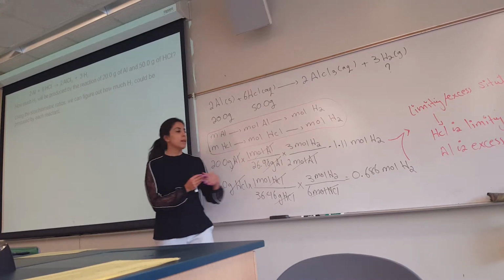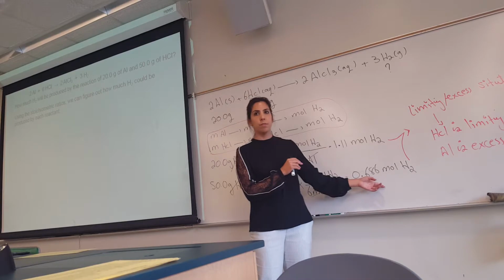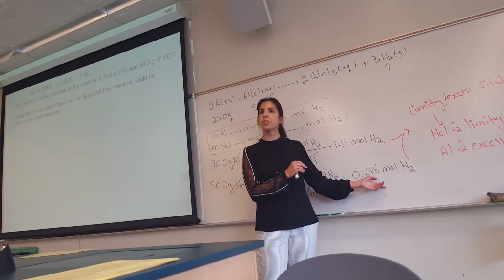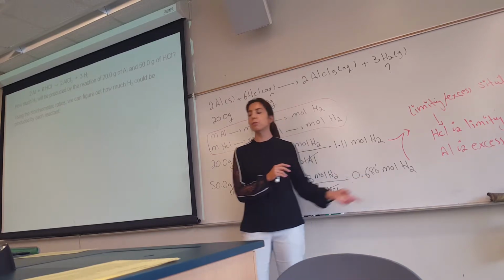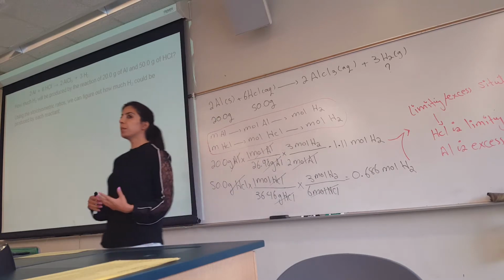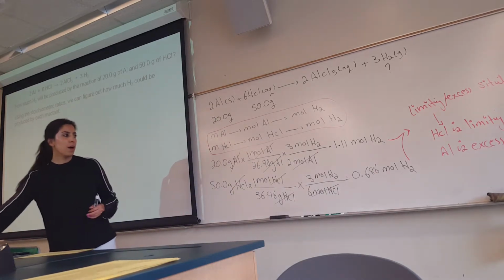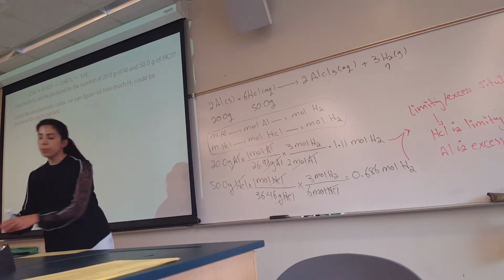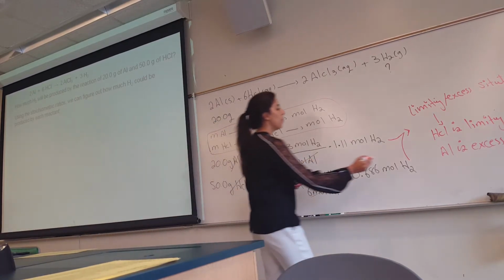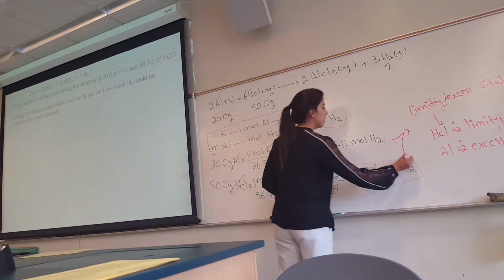Now, the maximum amount of hydrogen gas that can be produced is controlled or limited by your limiting reactant. So the maximum amount of hydrogen gas that can be produced is going to be 0.686 moles.